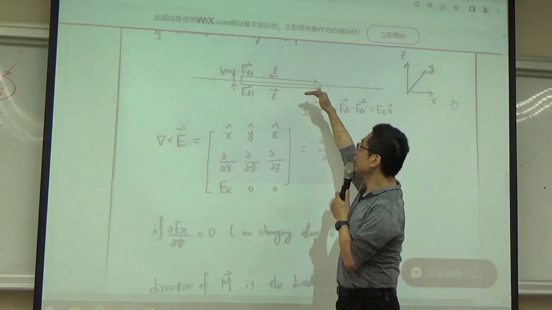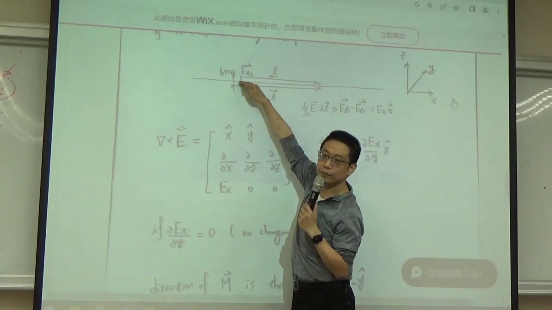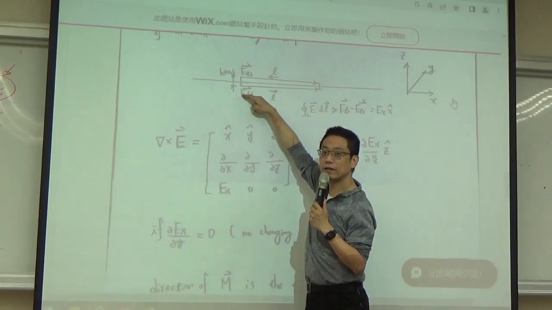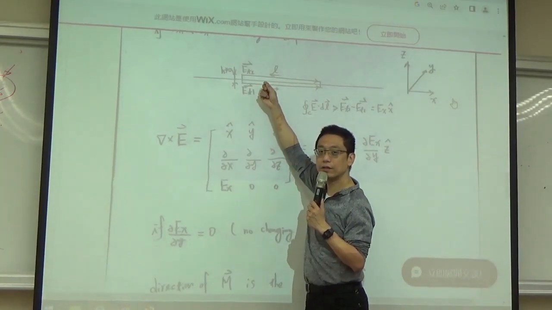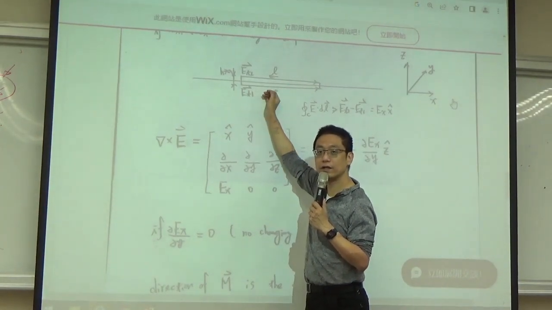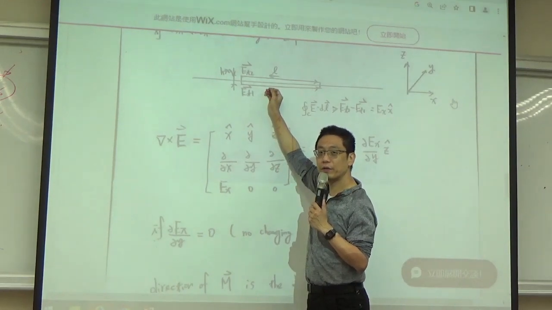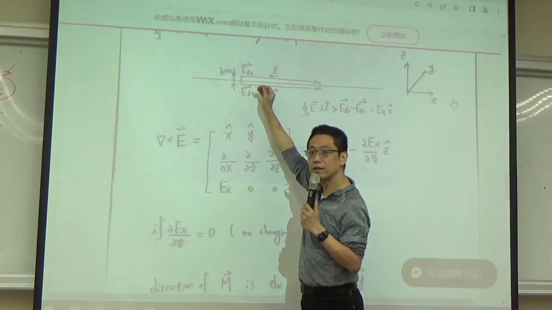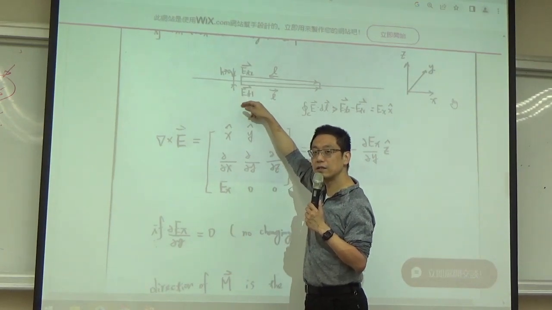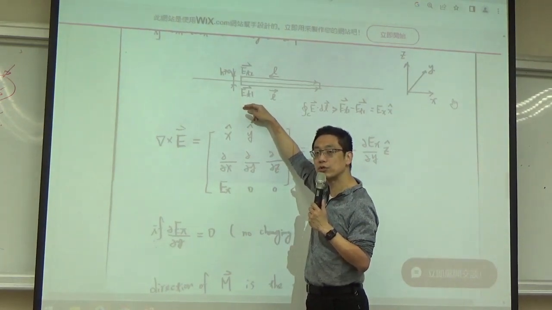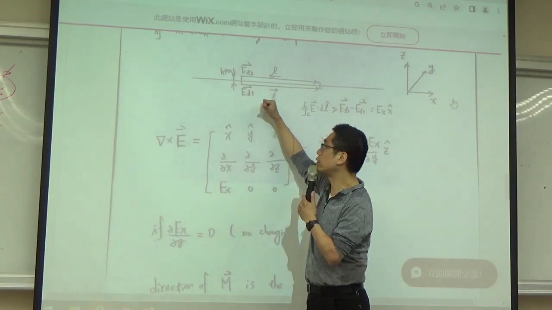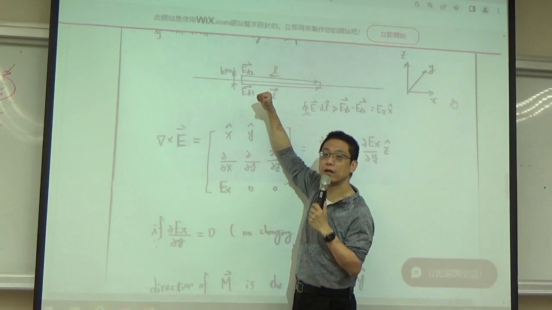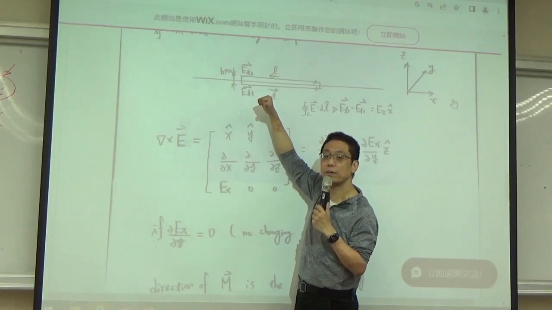If your direction of E here and the E here in the tangent direction here, you will obtain another boundary condition, that is ET2 minus ET1 equals to the direction of outside the paper, outside the whiteboard.